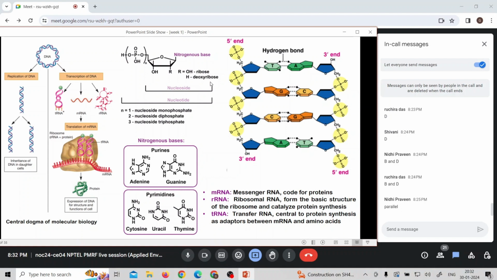Similarly, the purine pyrimidine bonding is also very specific, where A pairs only with T and G pairs only with C. Okay, so here you can see A pairs with T with two hydrogen bonds, and G pairs with C with three hydrogen bonds. So the number of bonds here is two, and here it is three. Basically, you can understand that breaking of this bond is much easier because it's a double bond. Here it's a triple bond, so breaking is a bit more difficult.